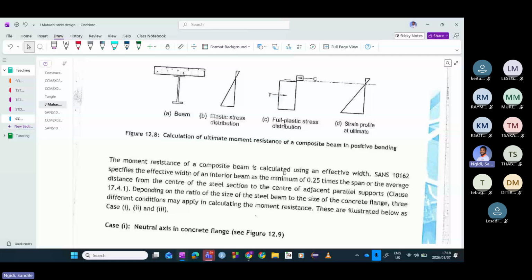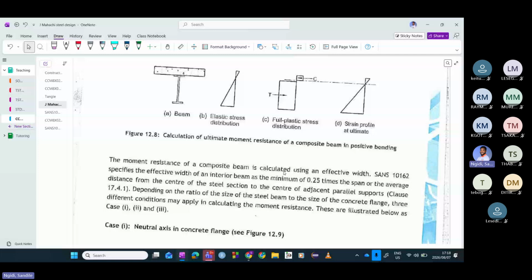So maybe reading from here, it says the SANS code specifies the effective width of an interior beam as the minimum of 0.25 the span or the average of the distance from the center to center of the parallel adjacent parallel supports, clause 17.4.1.